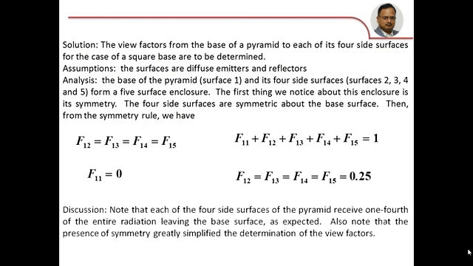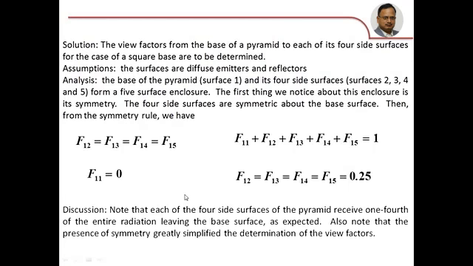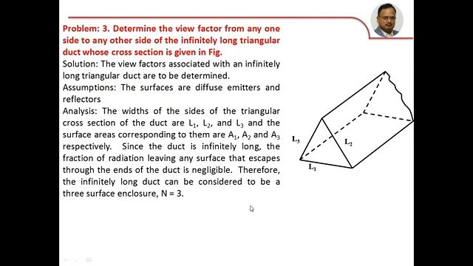Note that each of the 4 sides of the pyramid receives 1/4 of the entire radiation, and also the presence of symmetry simplifies the determination of the view factor or shape factor.